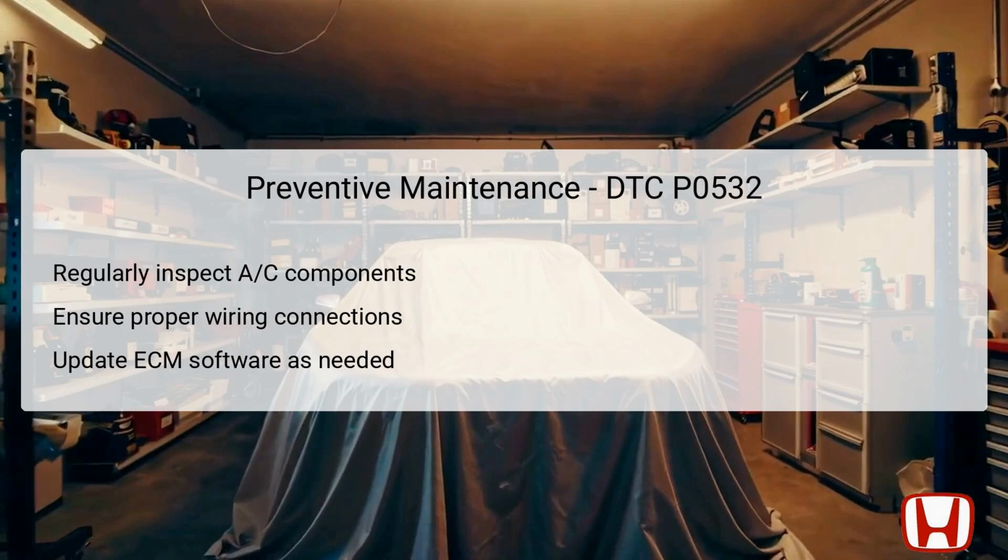It is advisable to conduct regular inspections of AC system components, including the pressure sensor, so that early signs of wear or damage can be identified and addressed promptly. Additionally, maintaining proper wiring connections is vital. Regularly looking for loose terminals and ensuring the integrity of the wiring can prevent future voltage-related faults.